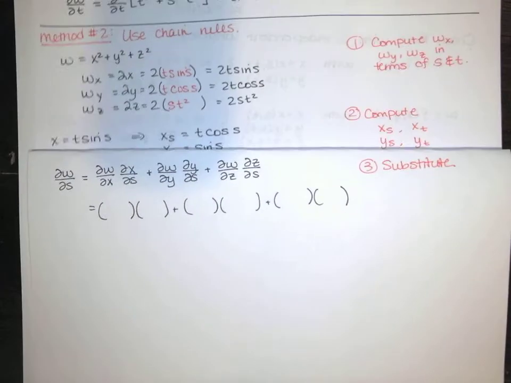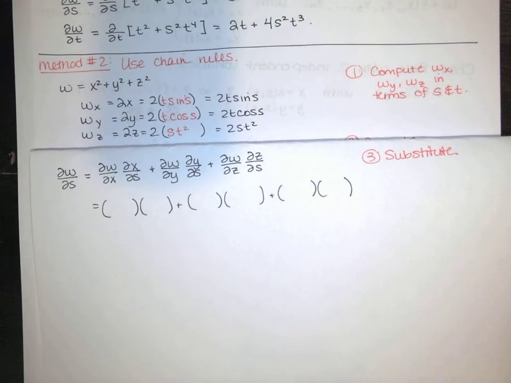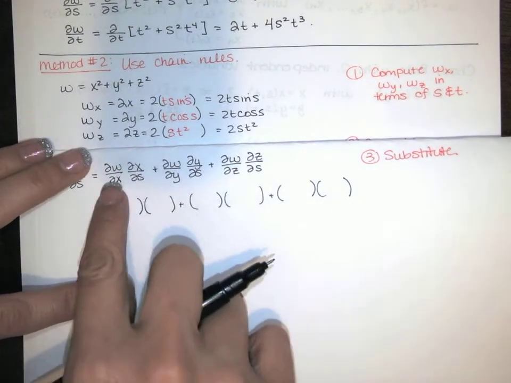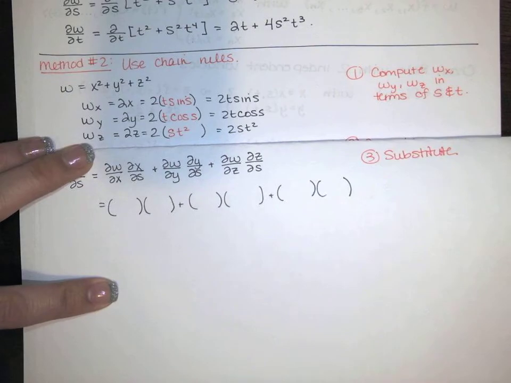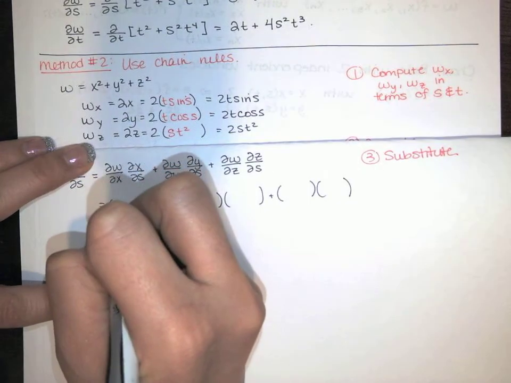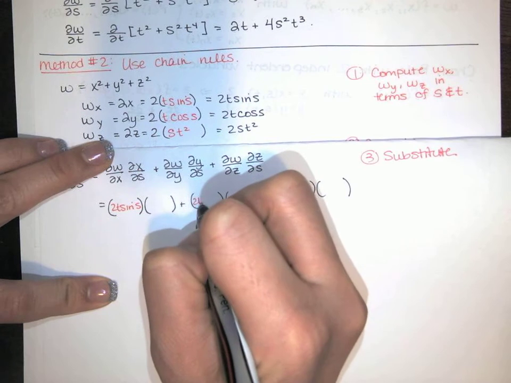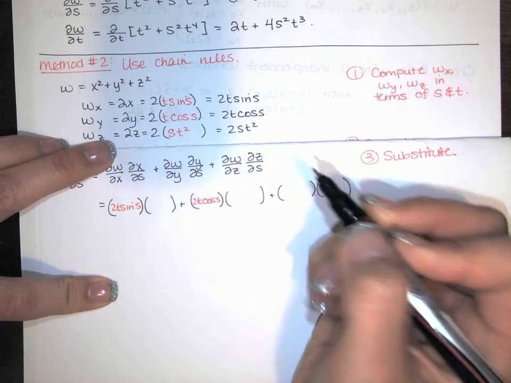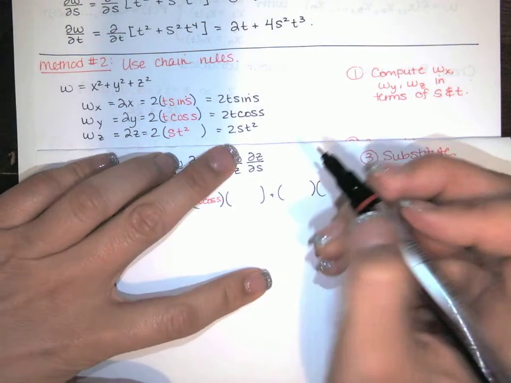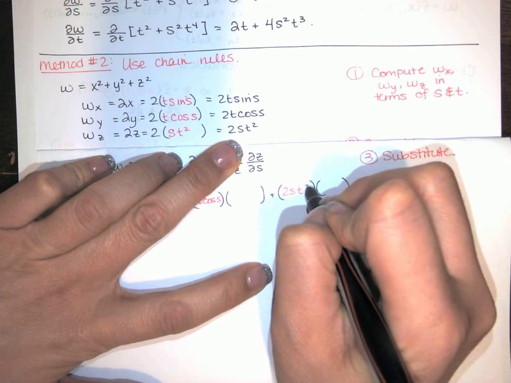Okay, now we already calculated these. Partial of w with respect to x is 2t sine of s. Partial of w with respect to y is 2t cosine of s. Partial of w with respect to z is 2s t squared.